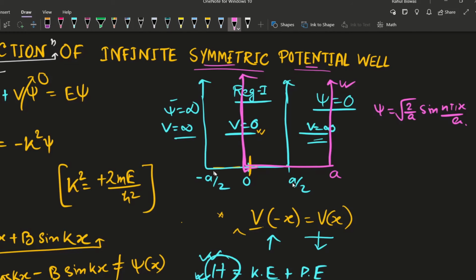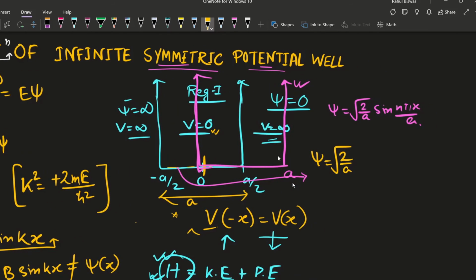So in the symmetric one, psi will be equal to root over 2 over a, because the length is the same, a again, sine of n pi by a into, in brackets, x plus a by 2, because the origin is shifted, minus a by 2. So the wave function will be x plus a by 2, right?